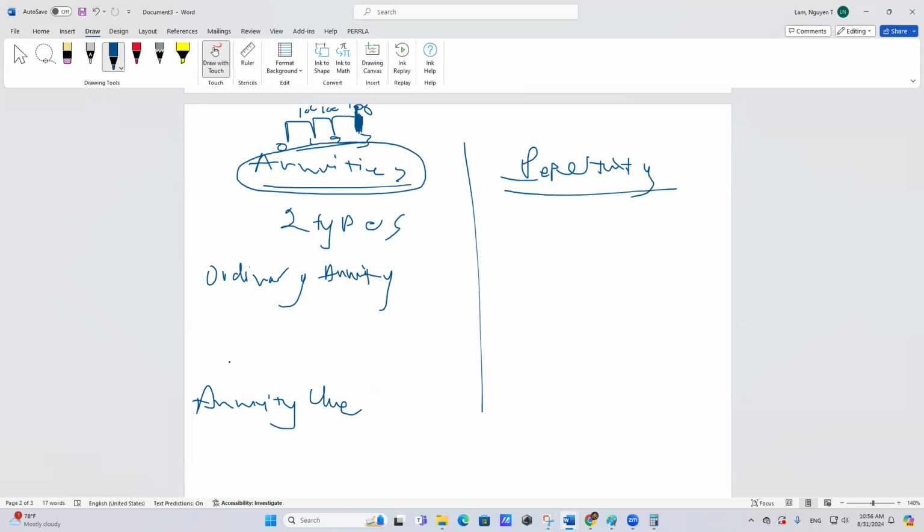Okay. So ordinary annuity is just the example I'm drawing up there. When you see 100, 100, 100, you can see that the first payment is at 1 year, or one period, right?